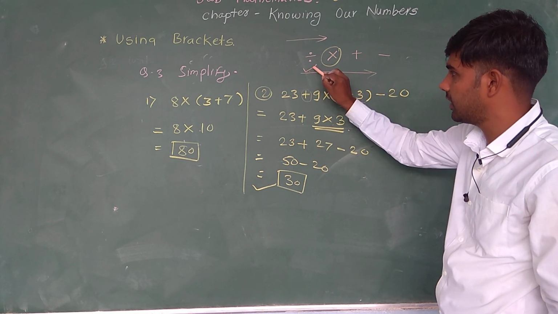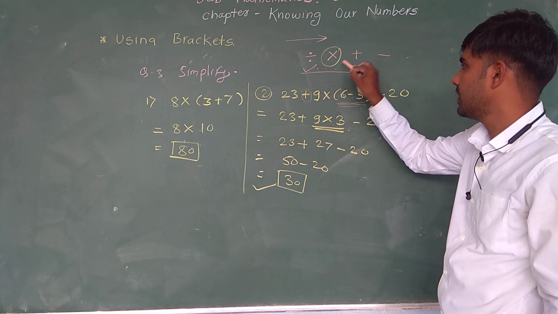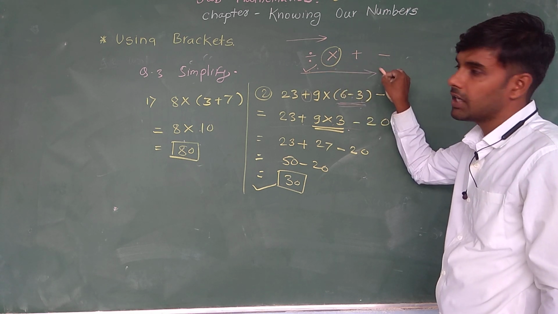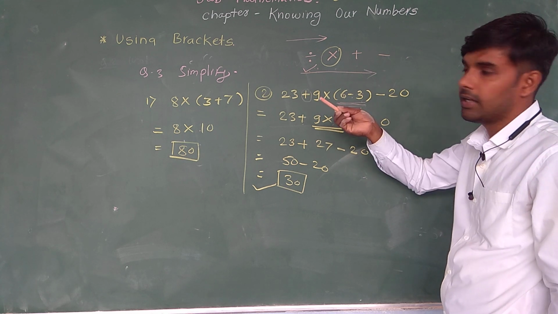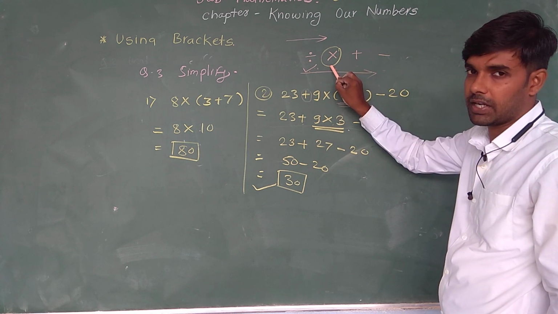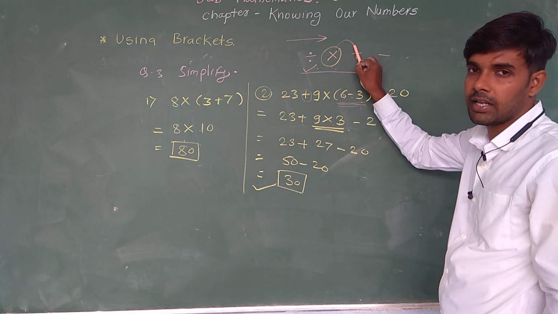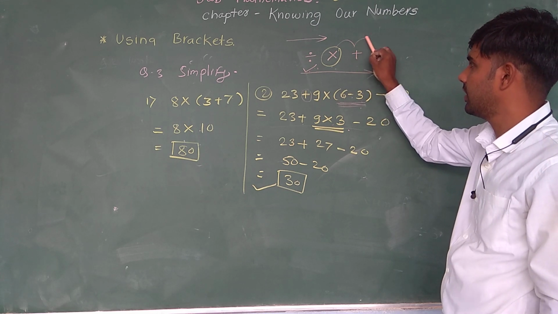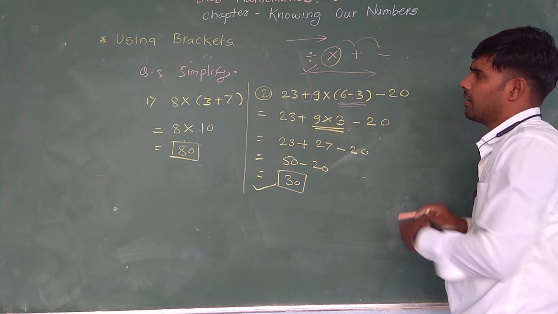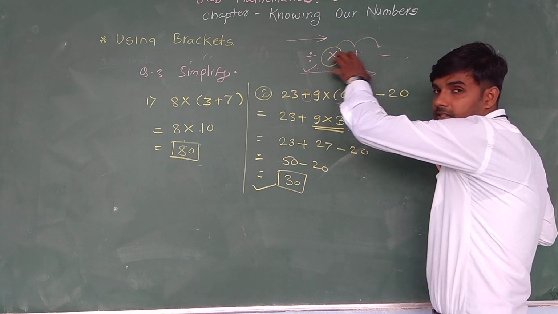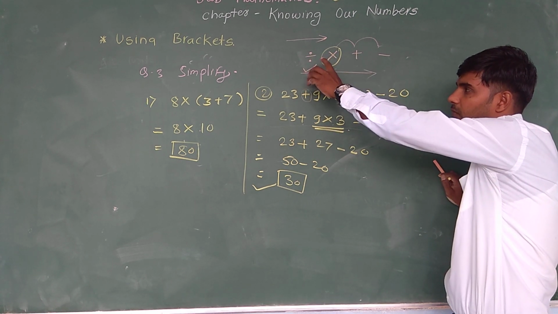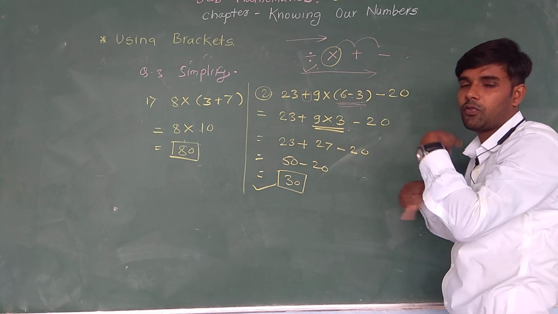Sequence. You have to first solve division, then multiplication, then addition and then subtraction. If division is not there, then solve multiplication. If multiplication is not there, then addition. You have to check this sequence first. If one of the operations is not there, go for the next.